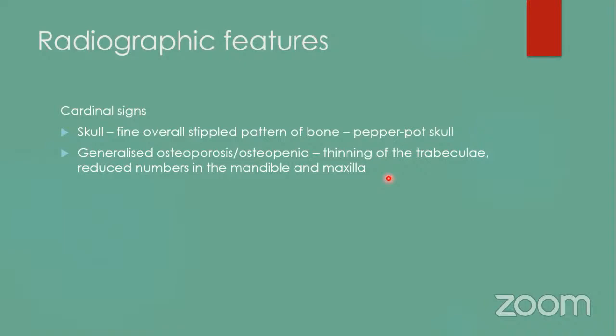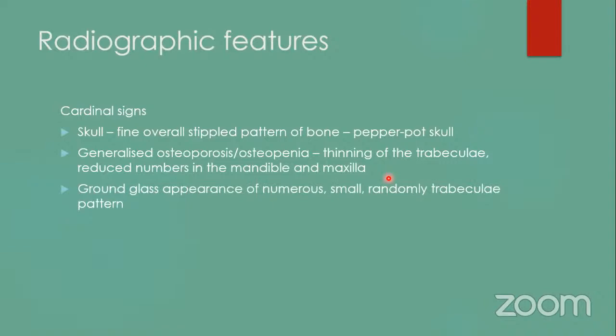Then they become reduced in numbers in the mandible and in the maxilla. And then you can get a ground glass appearance of numerous small, randomly oriented trabecular patterns. Then you can have a unilocular or multilocular cystic radiolucency. These are the brown tumors.